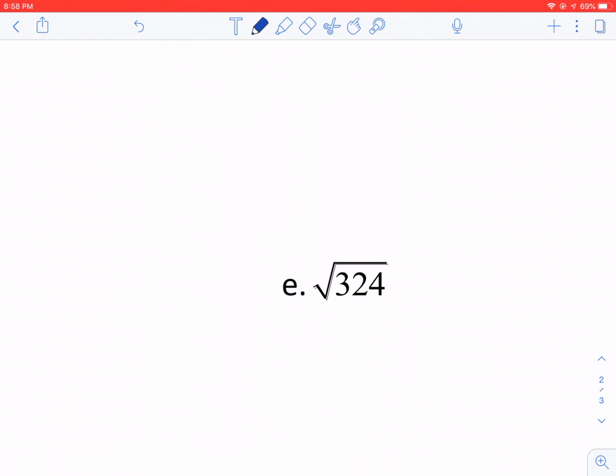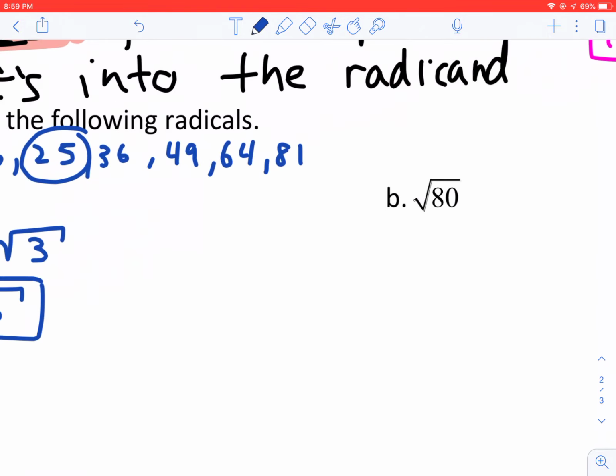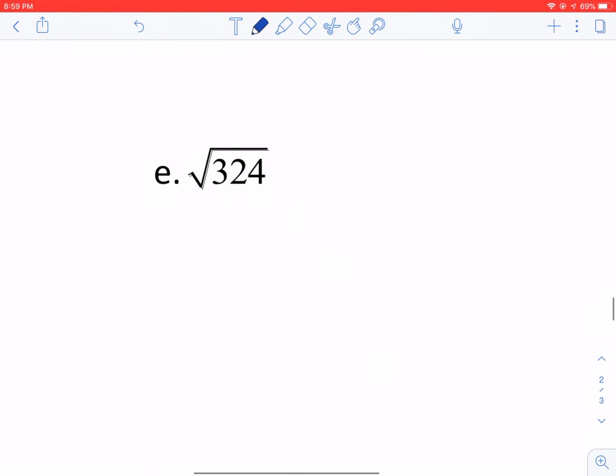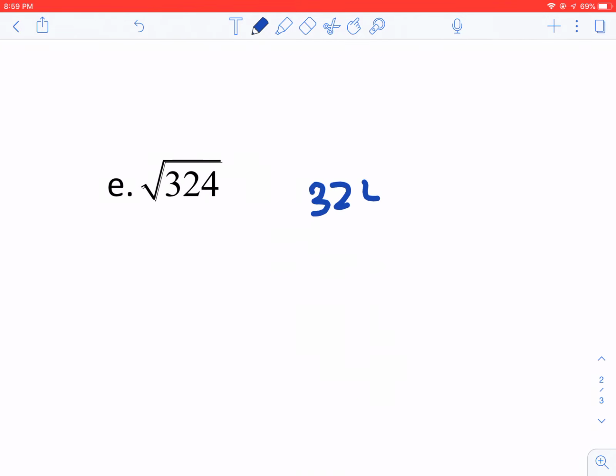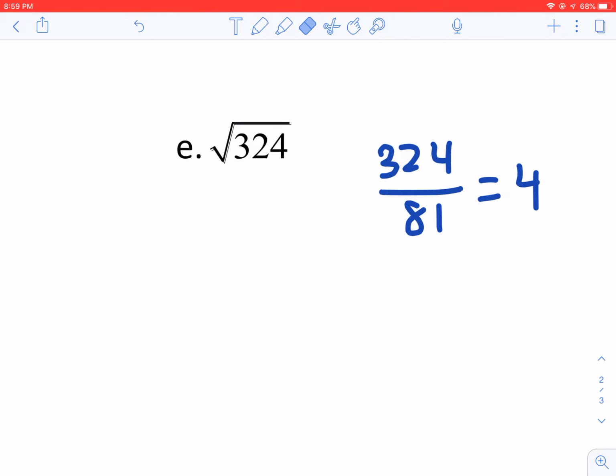And if you start with 81 and you type that into your calculator, we actually get 324 divided by 81 equals 4. So we can break this down into the square root of 81 times the square root of 4.